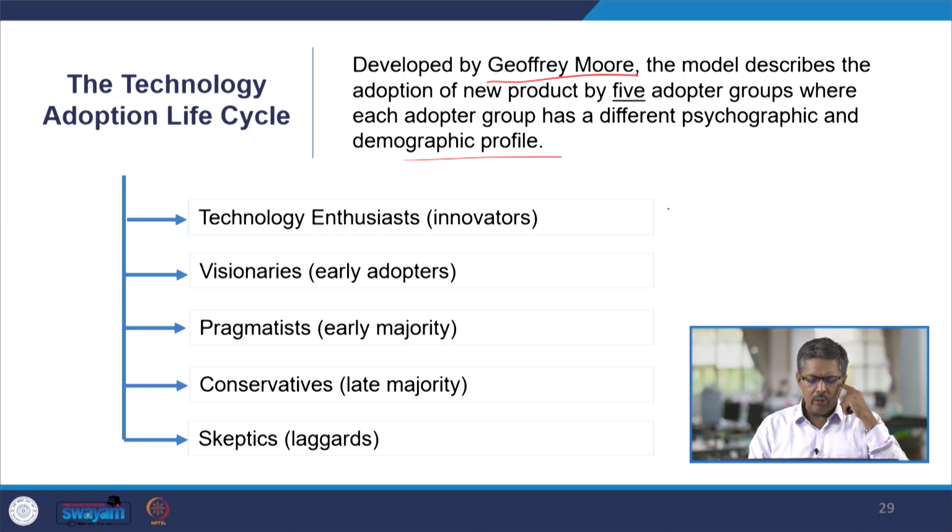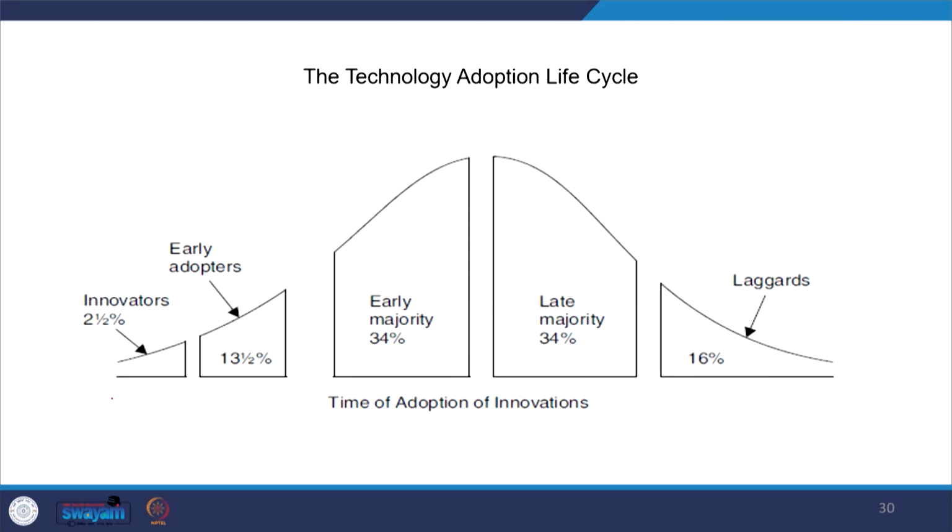The first one is called innovators or technology enthusiasts, then second is called early adopters or visionaries, right. Then third one is called early majority or pragmatists, fourth late majority or conservatives, and fifth one is laggards or skeptics. Okay. So, these are the 5 groups of people as Moore had explained. Now, innovators, there are only 2.5%. Generally, research has said that there are around 2.5% people who can be termed as innovators for any market, right.